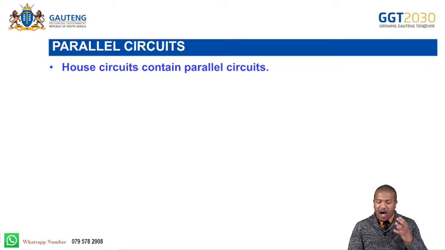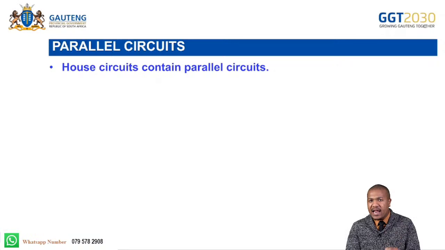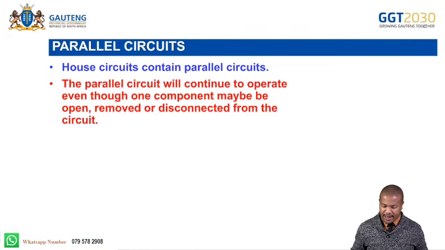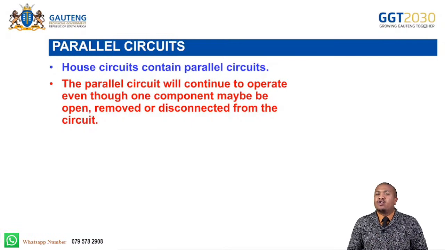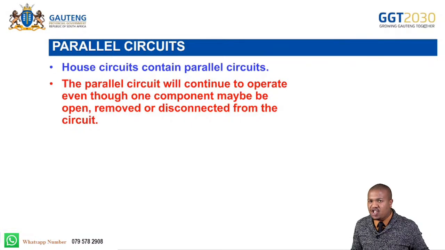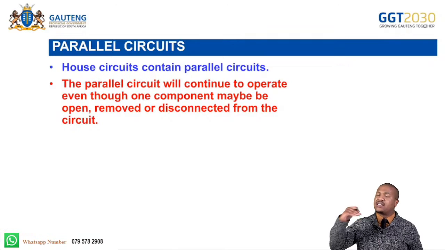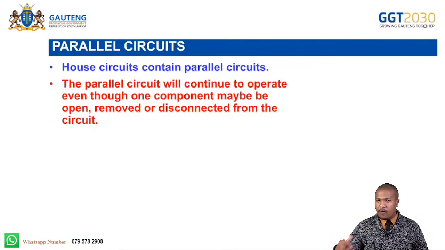So house circuits contain parallel circuits. This is because you can simply switch off another branch while the other branch still receives current and gives power to our appliances.